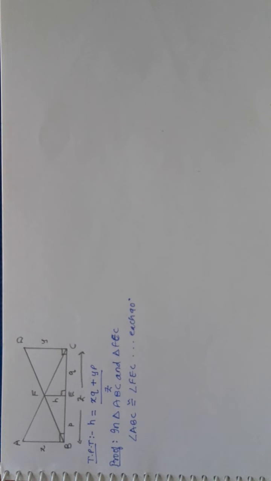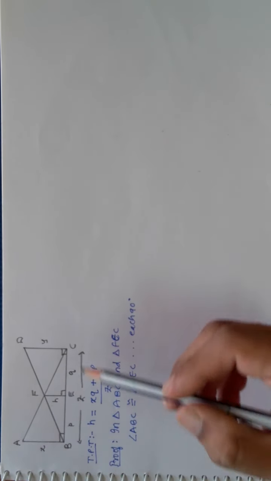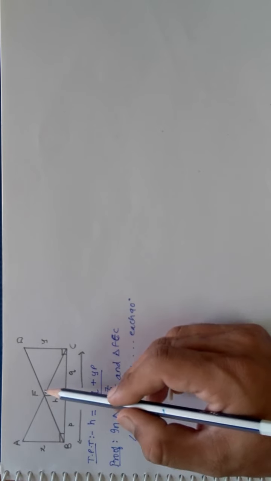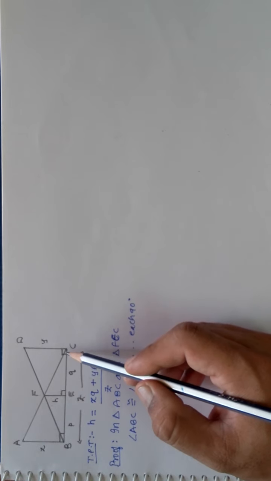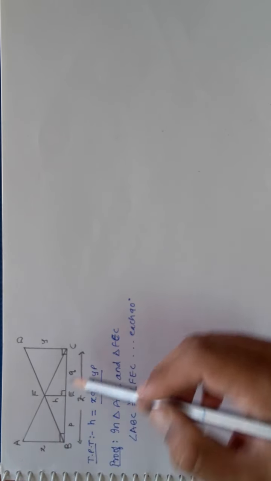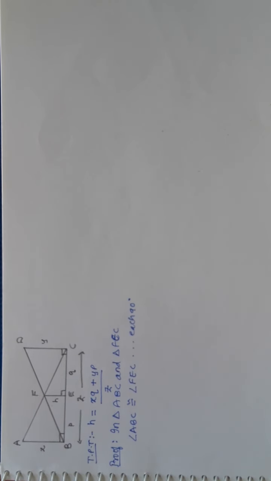When you read it at the initial stage, you will not find anything common between them, right? But if you see this angle ACB, the ray is CA and the ray is CB. And if you see angle FCE, the ray is CF, which turns out to be CA, and the ray is CE, which turns out to be CB. It means it is a common angle.